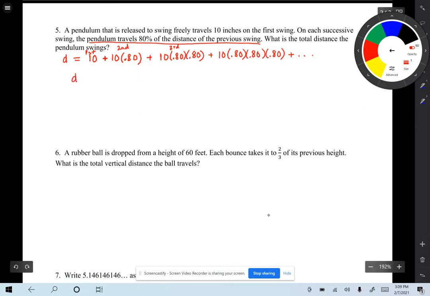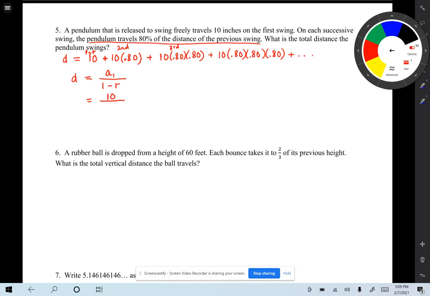Same thing. So the distance is the first term divided by 1 minus the common ratio. The first term is 10. That's the first number in our sequence, right? Because the next one would have been 8, because 10 times 0.80 is 8. And the next one would be 6.4 and so on.